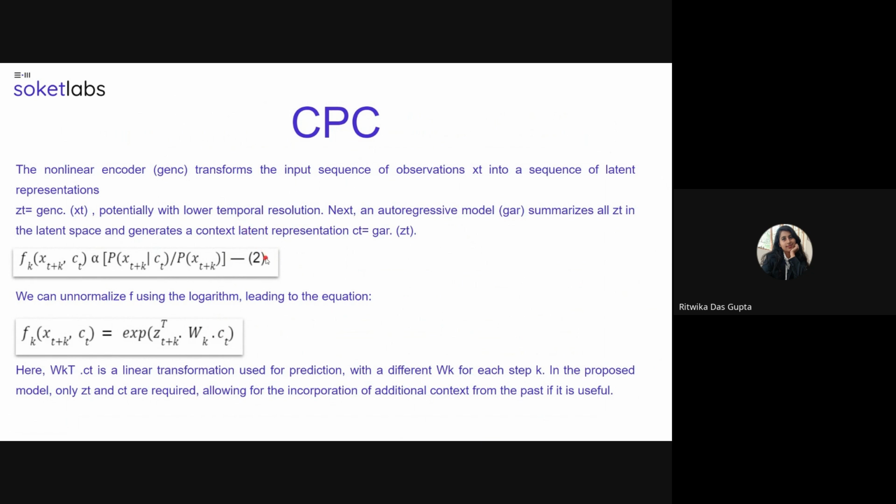In contrastive predictive coding as well, as I explained before, we cannot directly use the conditional probability. So the probability density function is directly proportional to the formula that was previously formulated.